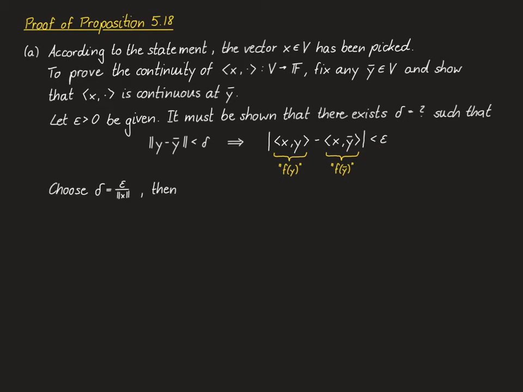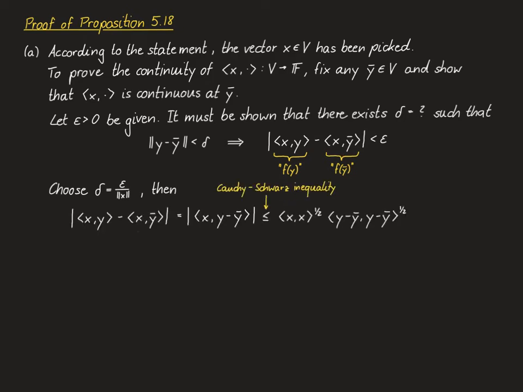In this case, we choose delta equal to epsilon divided by the norm of x, which works because x is a fixed vector. Then by linearity in the second argument, we can write this expression in this way. Then by using the Cauchy-Schwarz inequality, this is less than or equal to the inner product of x with itself to the power 1/2 times the inner product of y minus y bar with itself to the power 1/2.